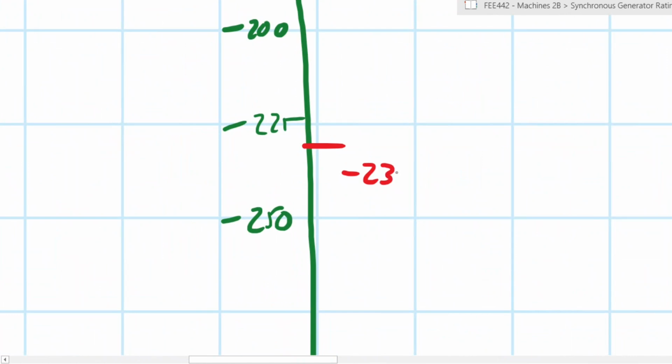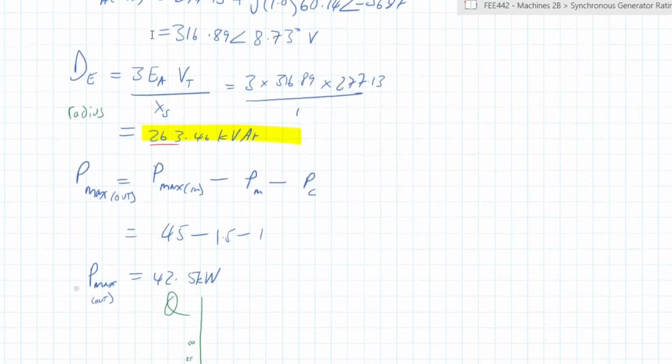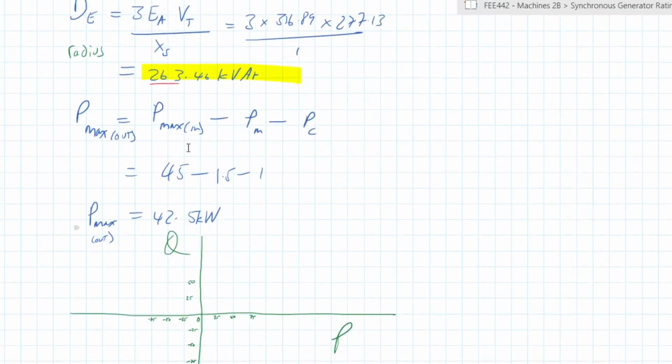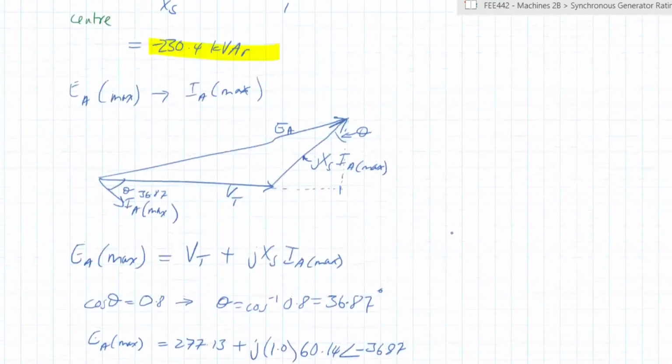And then it has a radius DE of 263.46. So that means that it has a Q intercept, which will be equal to 263.46 minus 230.4.